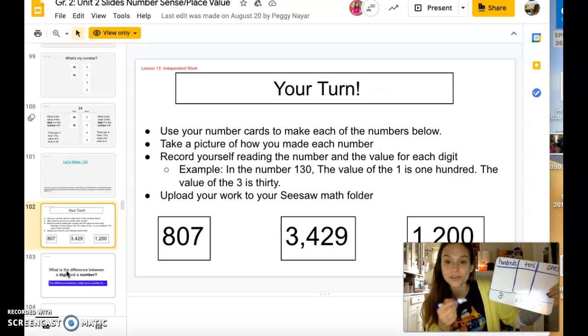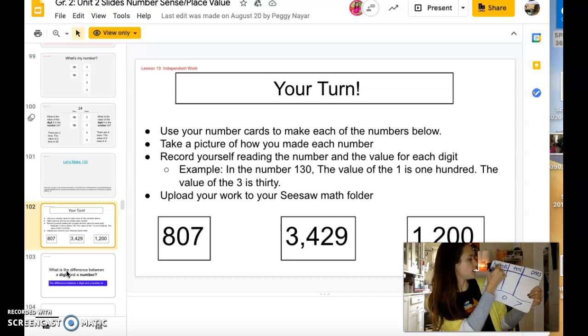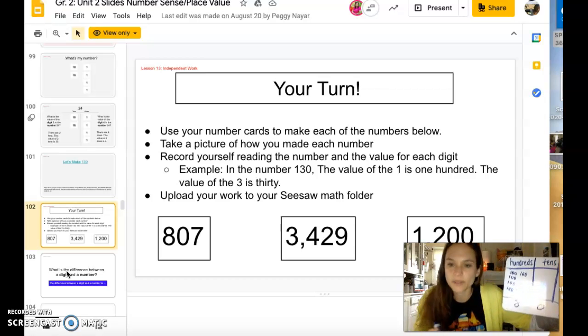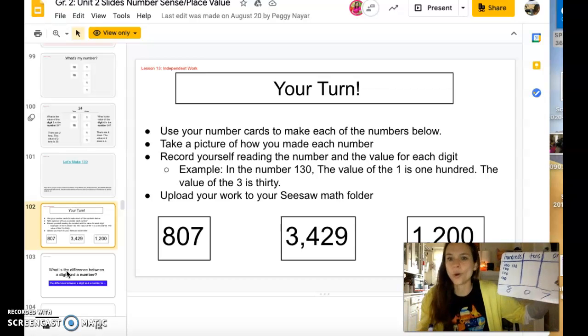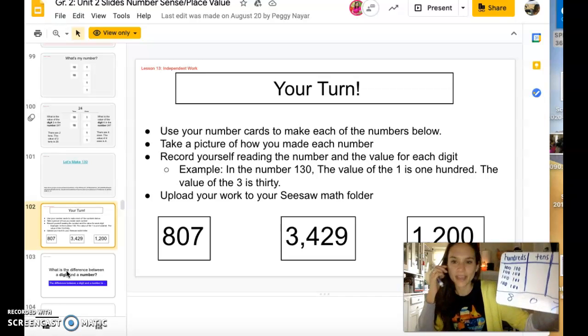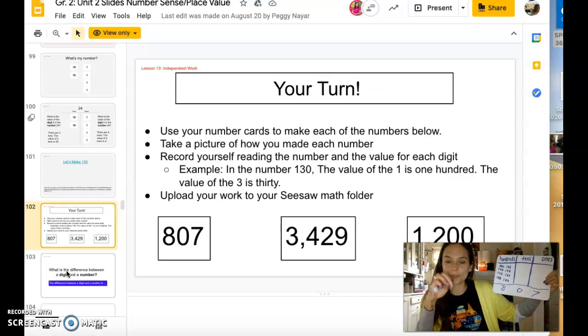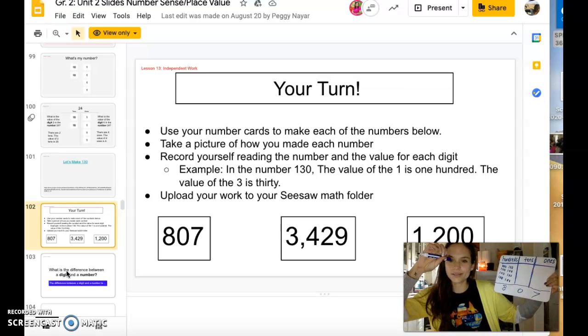How many 100s are there? There's 8. So we would do 100, 100, 100, 100, 100. Am I finished? No. I need 8. 8 100s. How many tens do I have? Make it with your hand. 0.